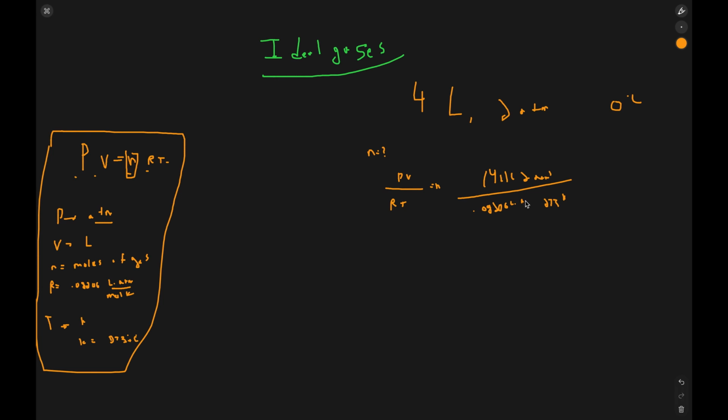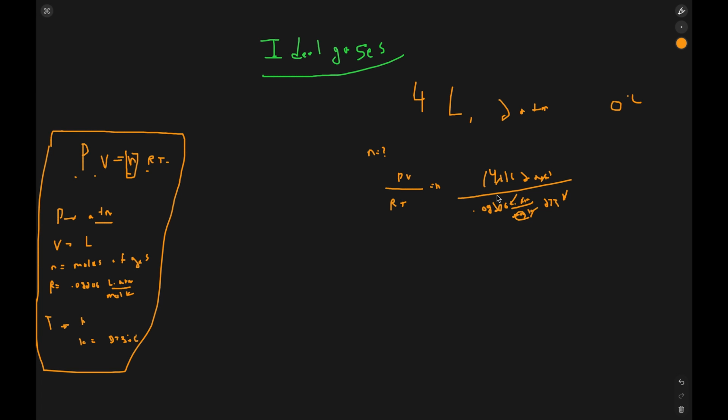So liters atmosphere over moles Kelvin. Now the liters cancel out, the pressure cancels out, and the Kelvin cancels out, and you're left with moles. So that works out pretty well.